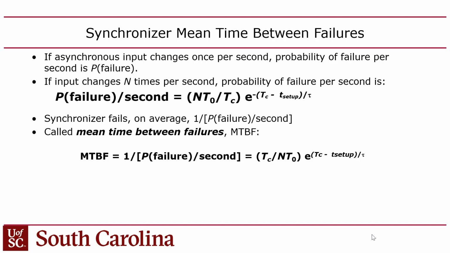So if you take N as the number of changes per second, multiply that by T0 over Tc, which is just the coefficient, and then multiply by e to the negative (Tc minus T setup) over tau, that will give you the probability of failure every second.